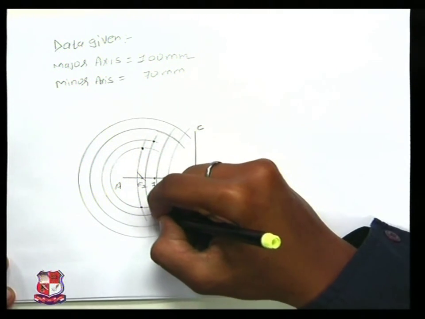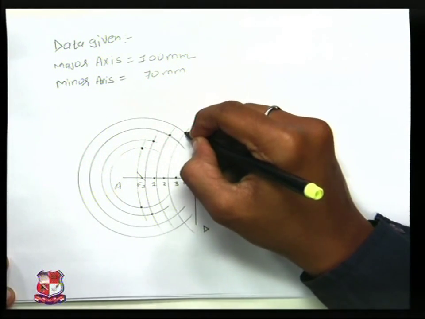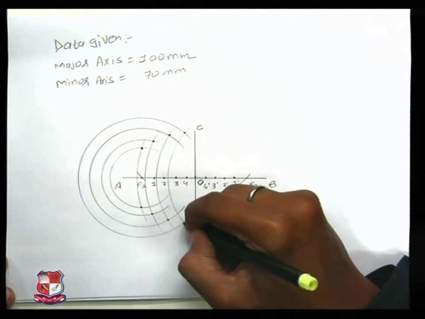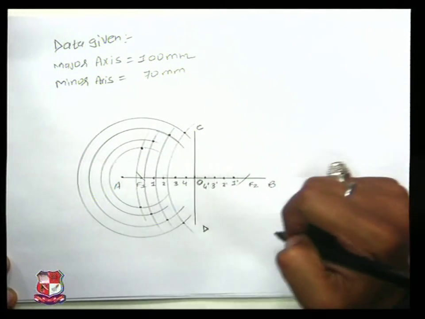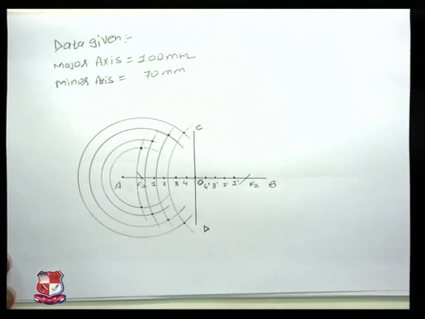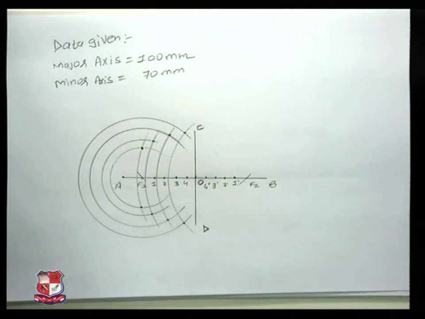we have got the points. We'll join them with a smooth curve.